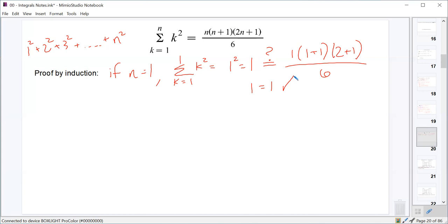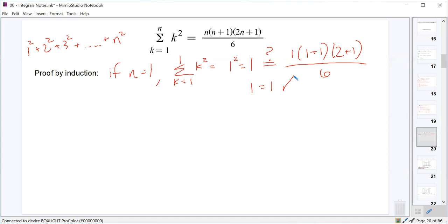And if it works for 2, then that would mean it works for 3. And if it works for 3, it must work for the next one, for 4, and so on and so on. It's kind of like one domino toppling over all the other dominoes. And if it works for the first value, and we've proven that it works for the next value, it should work for all integer values after 1.